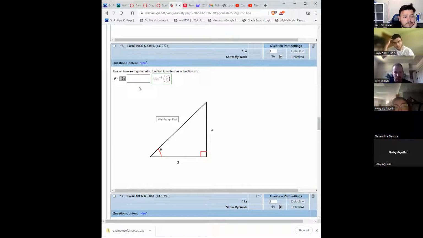So number 16, they want us to solve for theta. So the only way we can do that is to use one of the trig functions in terms of this triangle, and then solve for the angle using inverse functions. Okay. So one is to solve for theta.